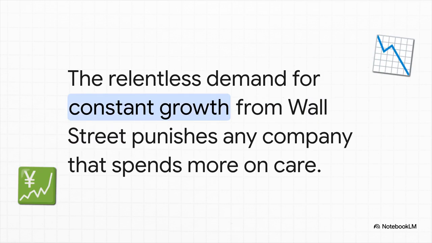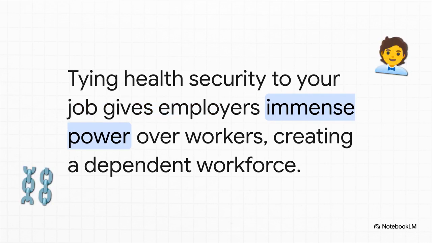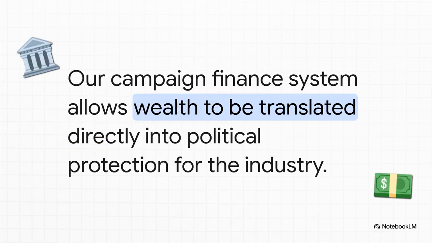It's also plugged into the relentless demands of financial markets, which punish any company that doesn't show constant quarter-over-quarter growth. And of course, it's deeply connected to our labor markets. By tying your health security to your job, that gives employers an absolutely immense amount of power over their workers. And, as we just saw, it is fundamentally, inextricably linked to our system of campaign finance, which basically allows all that wealth to be translated directly into political protection.